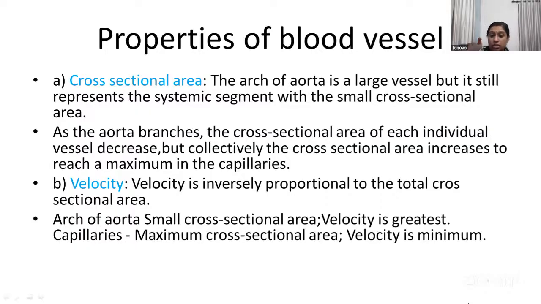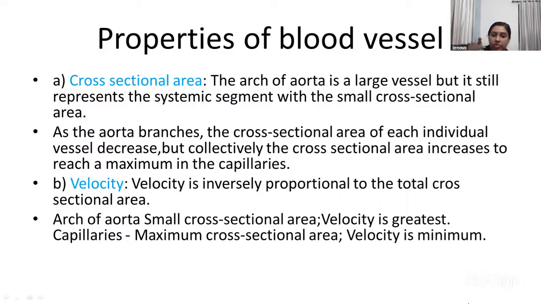So their cross-sectional area combined is more when compared to the arch of aorta. The aorta branches and the cross-sectional area of each individual vessel decreases, but collectively the cross-sectional area increases to reach a maximum in the capillaries. So the capillaries as a whole have more cross-sectional area when compared to the arch of aorta.